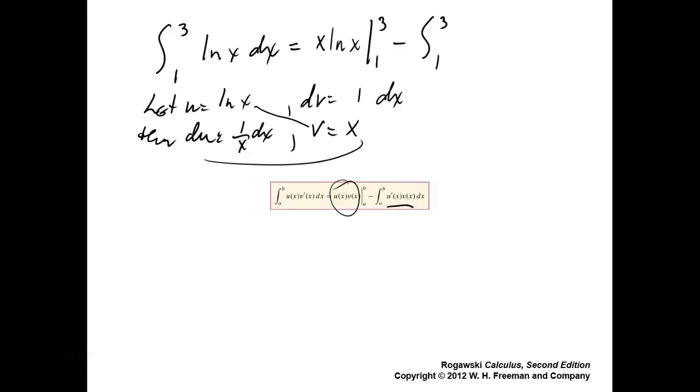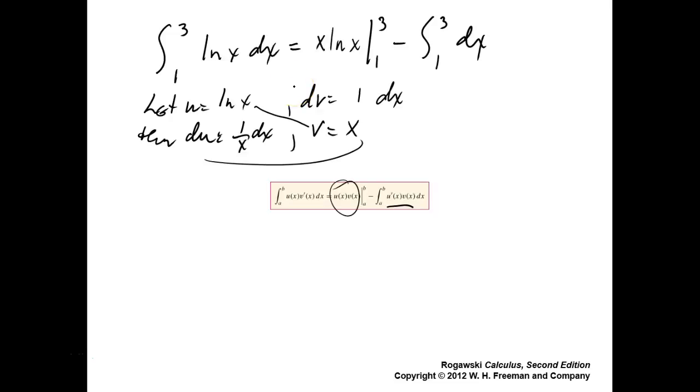What is v du? Here is v, x. du is 1 over x dx. What's x times 1 over x? 1. 1 dx. The integral of dx, from 1 to 3. Okay?